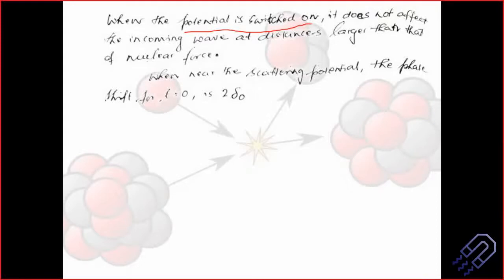If we go to a larger distance, the potential is negligible, so it does not affect the incoming wave at distances larger than that of the nuclear force. We already know about cross section, and that's why we studied that cross section doesn't mean only the area of the nucleus. It means a region around which the effect can be felt. It's substantial.